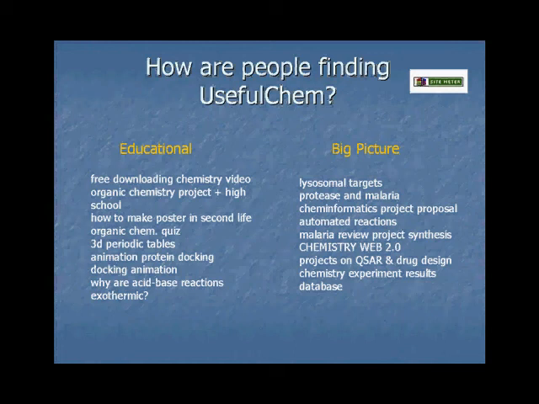So these are pretty big concepts, right? And they go well beyond our specific project of making anti-malarial compounds. But again, it shows you what useful chem is all about, and what people need it for. And these are some of the things.